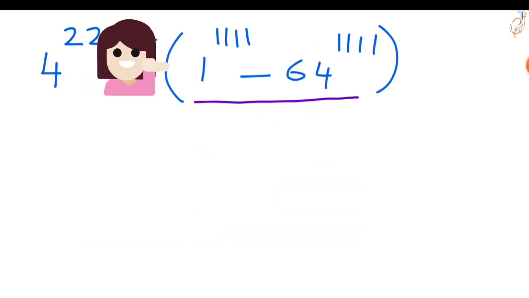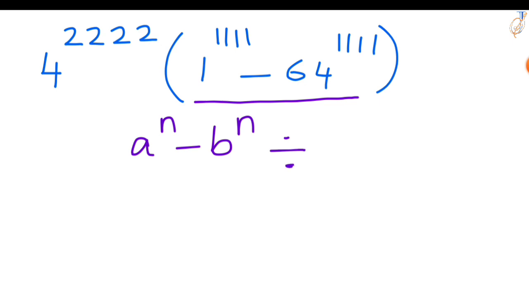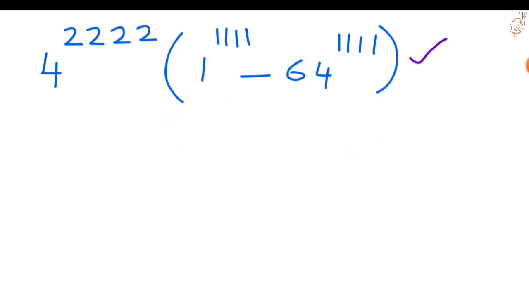This term is in the form of a power n minus b power n. According to the first formula, if we have a power n minus b power n, it is divisible by a minus b. So that means our term is divisible by a minus b. Here a is 1, b is 64. After subtracting, the denominator will be minus 63.